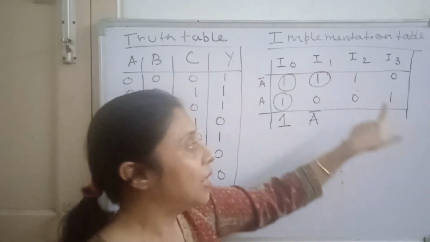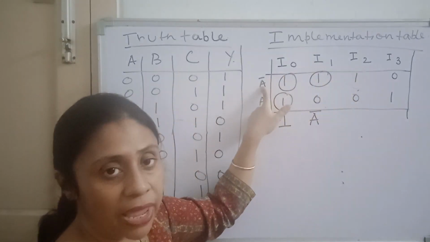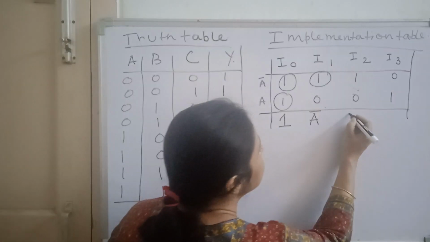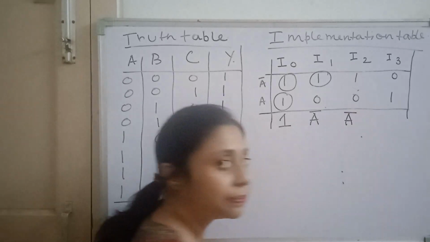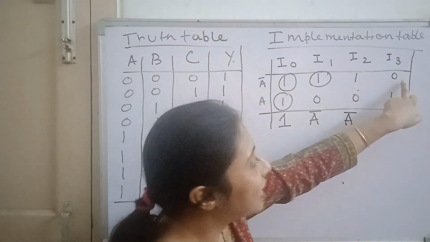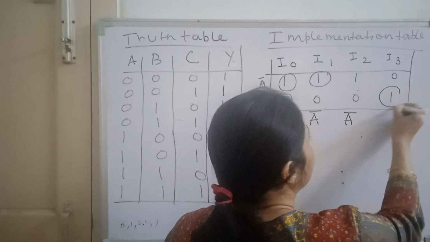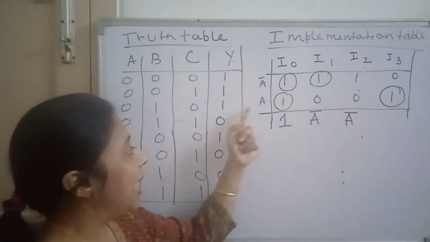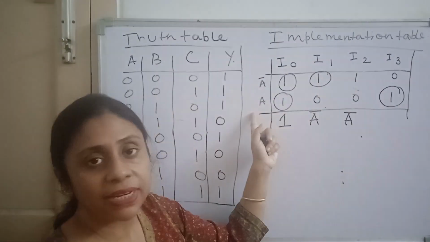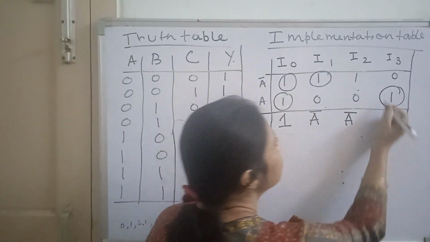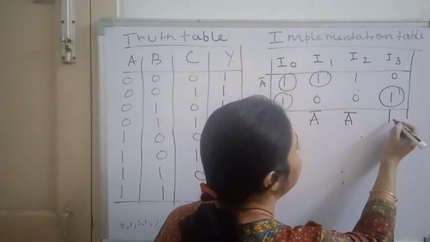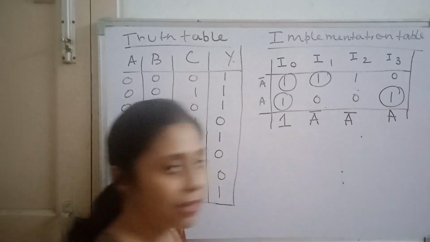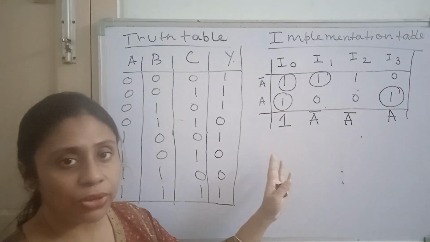So we will take 1, and 1 corresponds to A bar, so this line will be A bar. Now I3: this is 1, and this 1 represents A, so this input line value will be A. Is it clear to you?